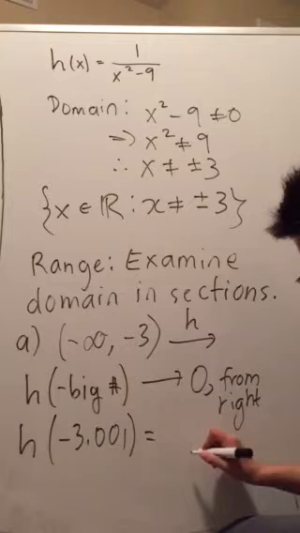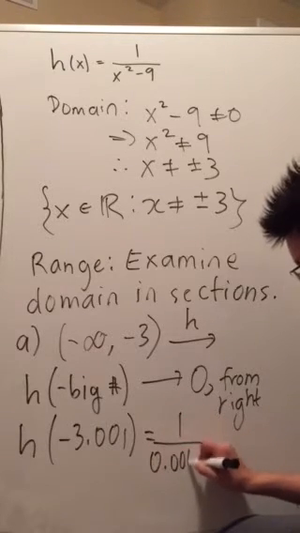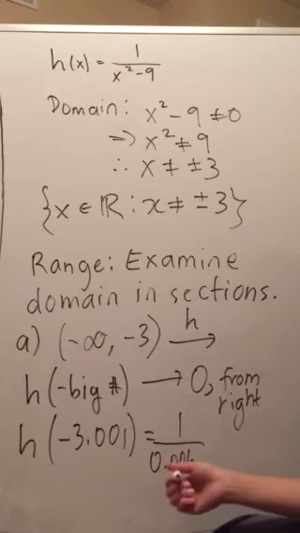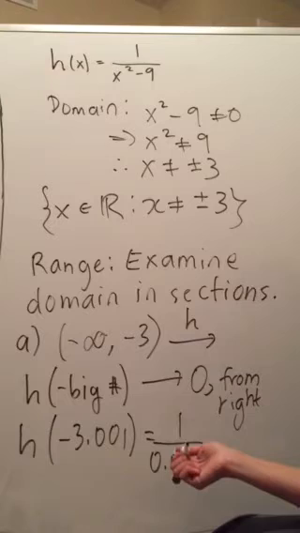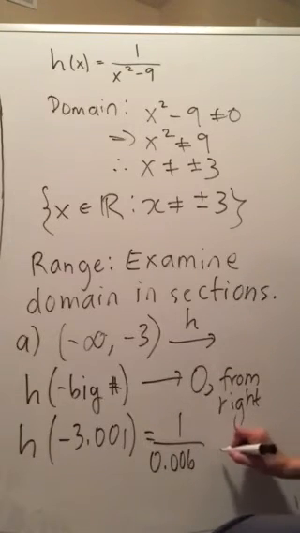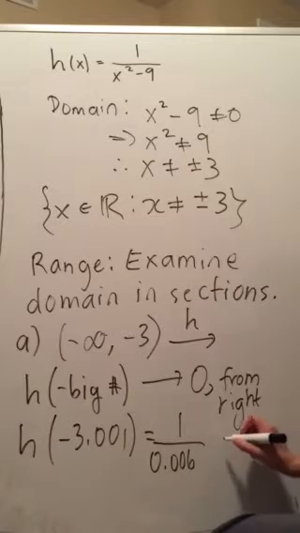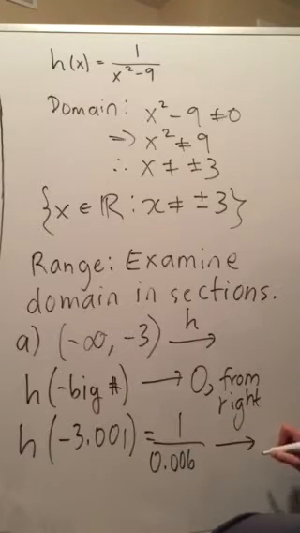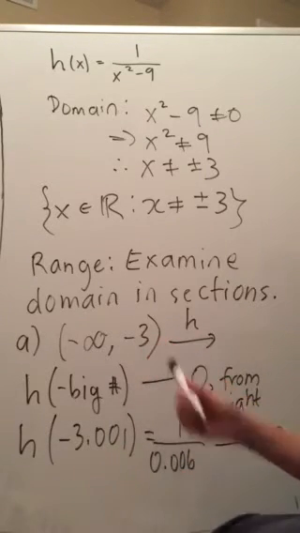So we'll end up getting something like 1 over 0.006. 1 over a very positive small number. What is 1 over a very positive small number? It's going to equal a positive big number. So this is going to approach infinity as we approach negative 3 from the left.